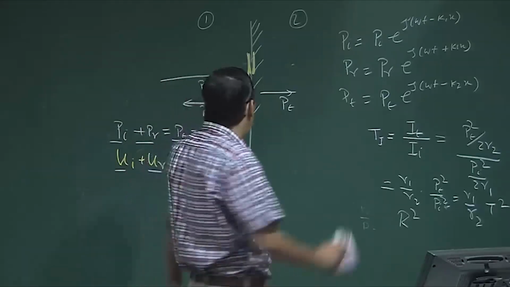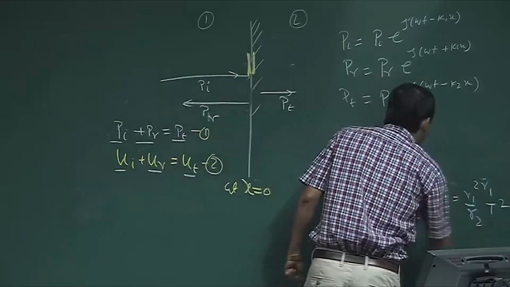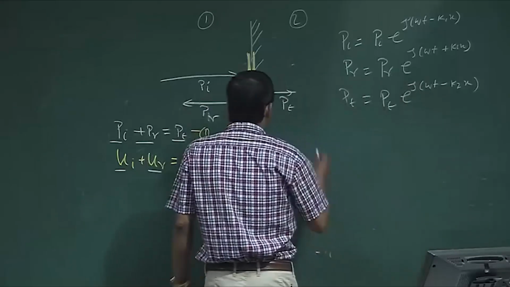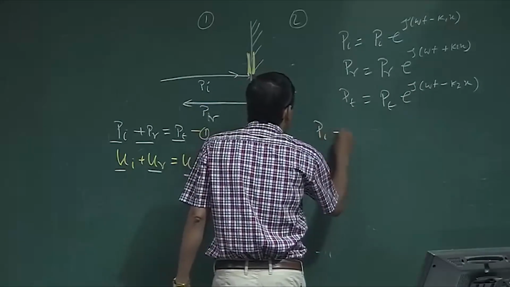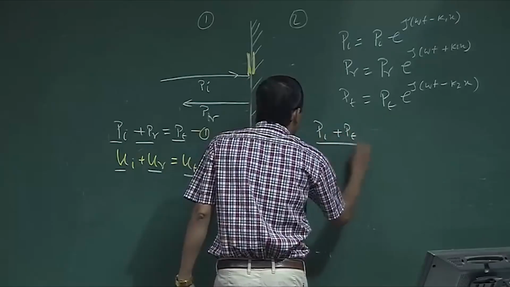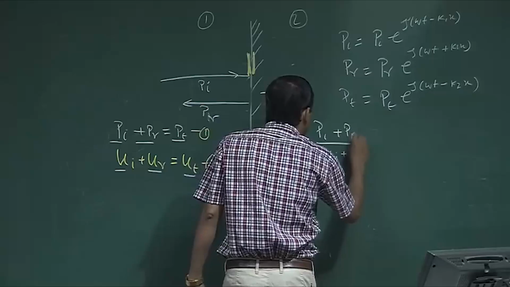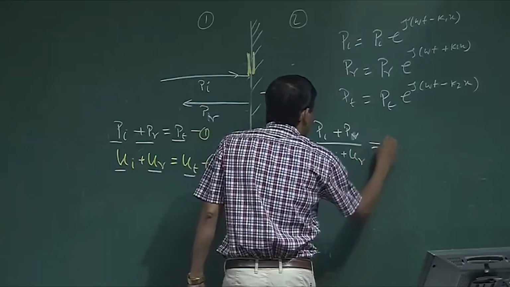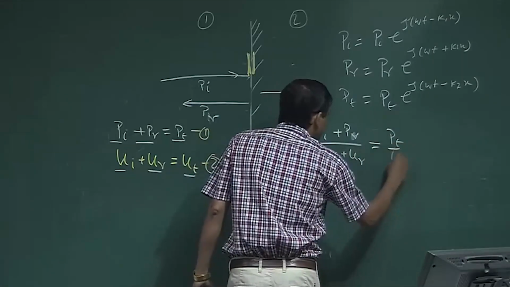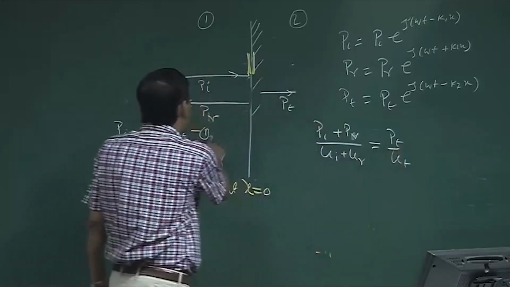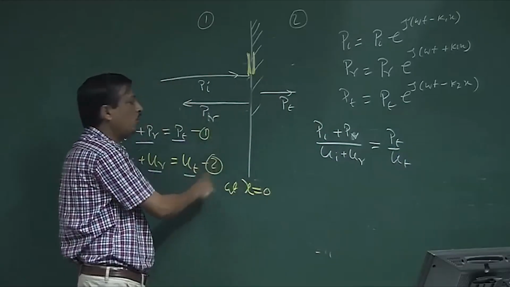Now I divide equation number 1 by equation number 2. So, I can write Pi plus PR divided by Ui plus Ur is equal to PT by Ut.